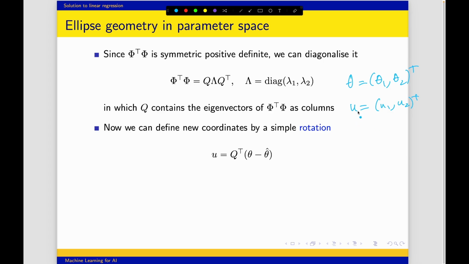And how do we get from theta to u? We use this rotation. It's a transformation: the matrix Q transpose times theta minus theta hat, our OLS solution. So if we have a theta, we can get the corresponding vector u by doing this. Whatever theta, let's say theta star, we get the corresponding u star by this transformation, which is actually a rotation of theta star.